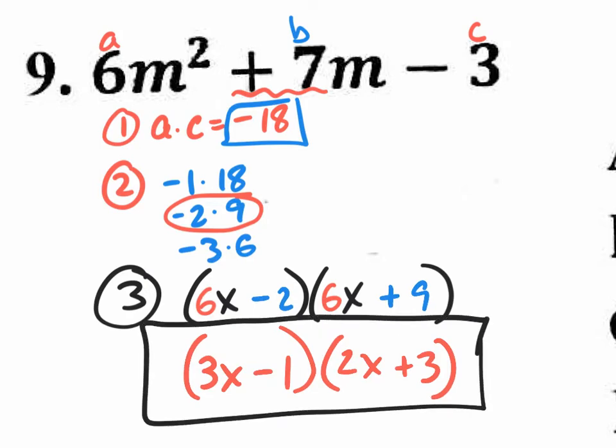Now, you could have done it different ways, right? The first method of me showing you how to factor this quadratic trinomial when your a value is something other than 1: same thing, a times c, you get a number. Step 2, think of the multiples of that number that combine together to give you the b value. And then I would tell you to change the 3 terms to 4 terms by rewriting this b value as these 2 terms. So you'd really have a negative 2x plus 9x.